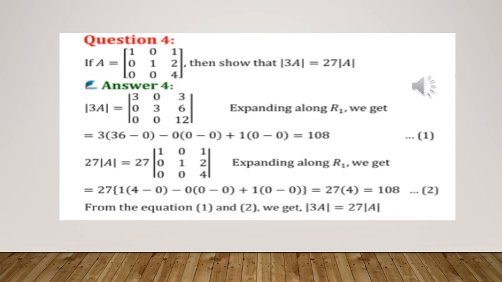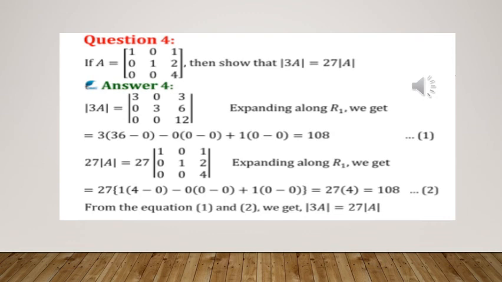Now the right hand side is 27 determinant A. So 27 into determinant 1, 0, 1, 0, 1, 2, 0, 0, 4. Again, you expand, along R1 it may be. So at the top of 1, you can put the sign as positive.